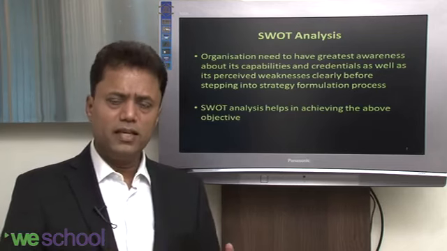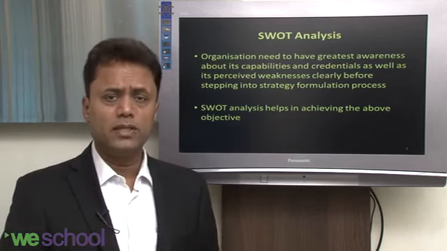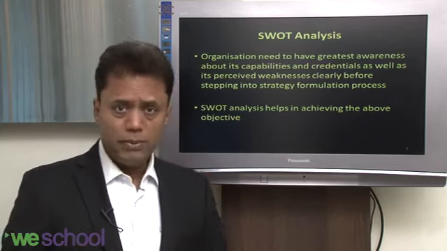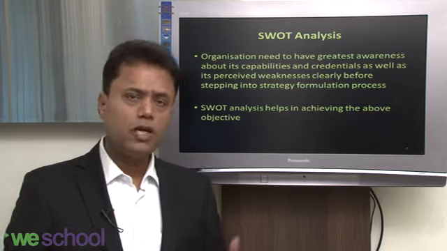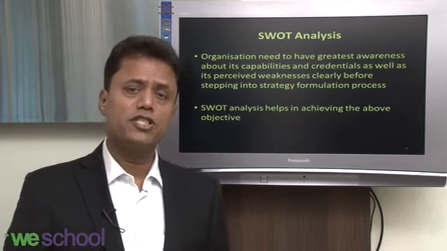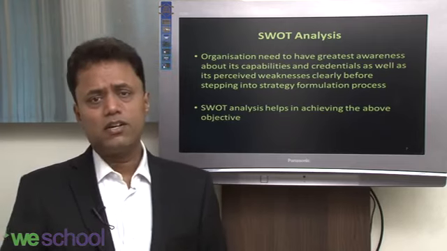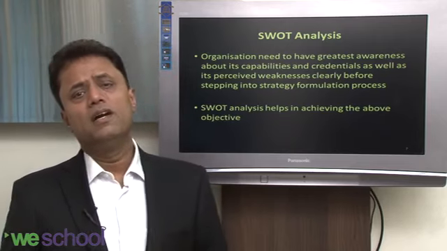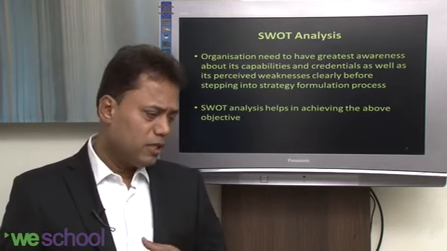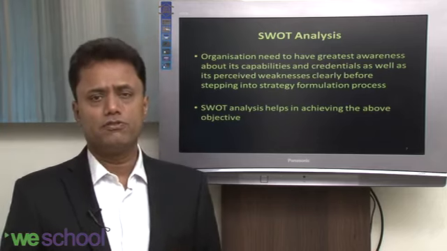very clearly these are the areas that you can think of, whether it is financial capability. Maybe you lack financial resources, you will have to raise more equity from the market, or you'll have to tie up with some financial institutions to invest into the company, or a third option could be you look for raising debt. So there are multiple ways of raising financial resources.